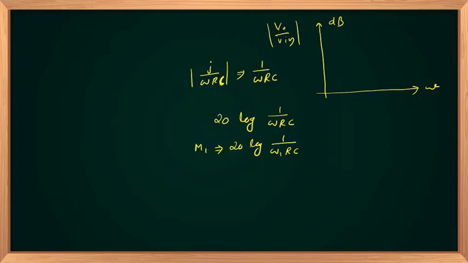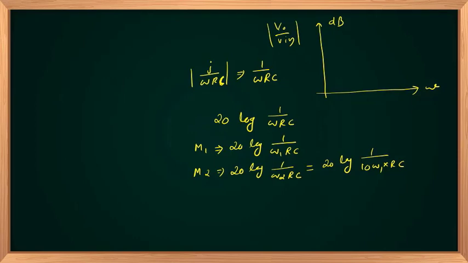Right? If I take another magnitude M2, that's equal to 20 log 1 over omega 2 RC. Let us assume that omega 2 is 10 times omega 1. I am changing to a decade, 10 times the initial frequency. So that will become 20 log 1 over 10 times omega 1, which is omega 2, multiplied by R and C. That is what is called M2.